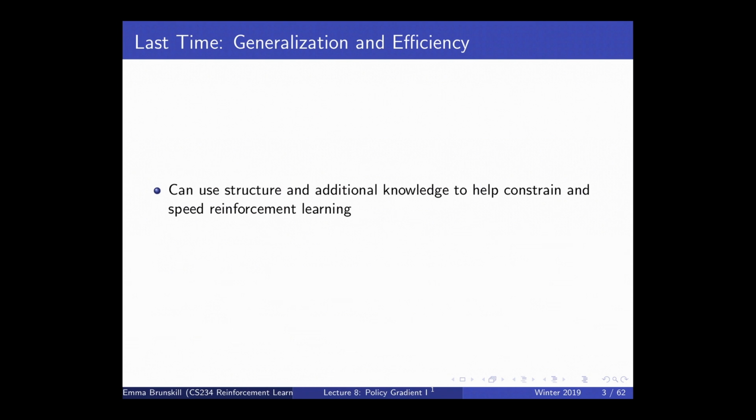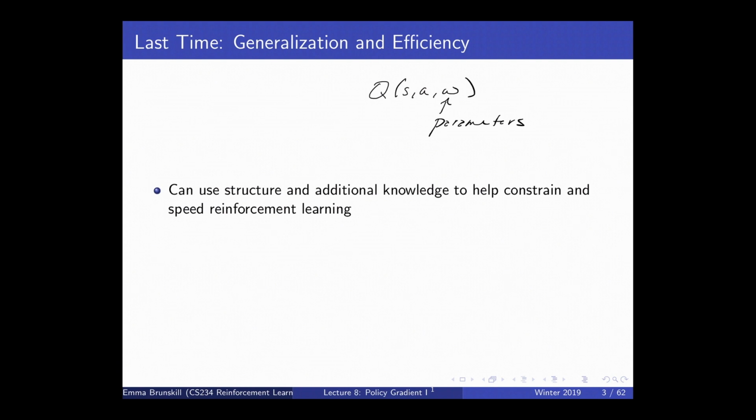And we've seen other ways to encode structure or human prior knowledge when we started talking about function approximation. When we define Q as a function of S, A, and W, where W is a set of parameters, we were implicitly making a choice about imposing some structure in how we represent our value function.